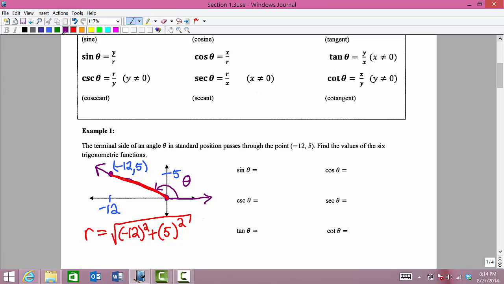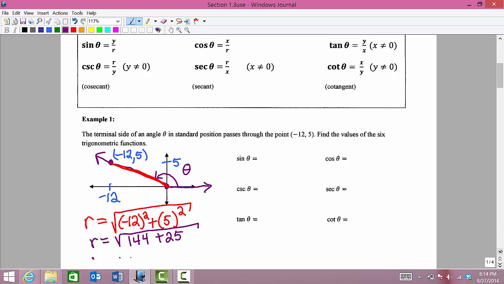So we need to simplify that. In order to do that, we need to figure out what is -12 squared. That would be 144. 5 squared would be 25. R would be equal to the square root of 169, and the square root of 169 would be 13. So we know that R is 13.